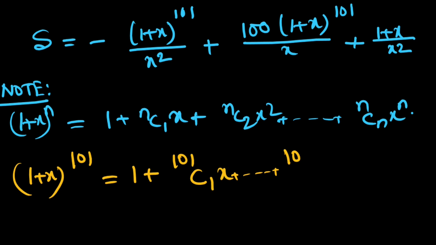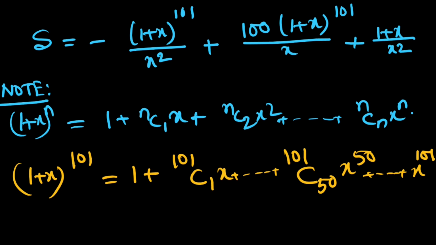We find the coefficient of x power 48, and here it is divided by x square, so we need to find the coefficient of x power 50. So x power 50 is 101C50 x power 50, and the last term is x power 101. And we find the coefficient of x power 48 from here, so it is divided by x, so we need to find the coefficient of x power 49 from here.